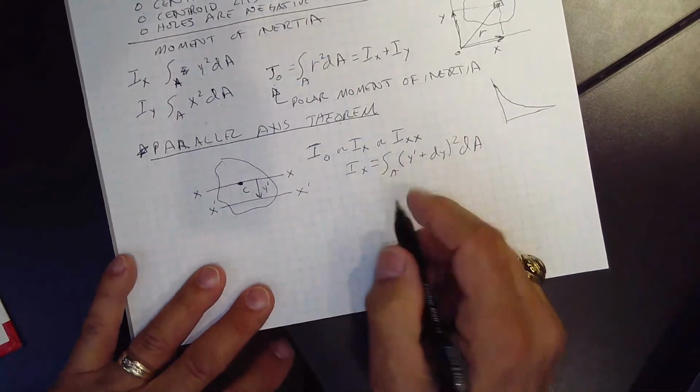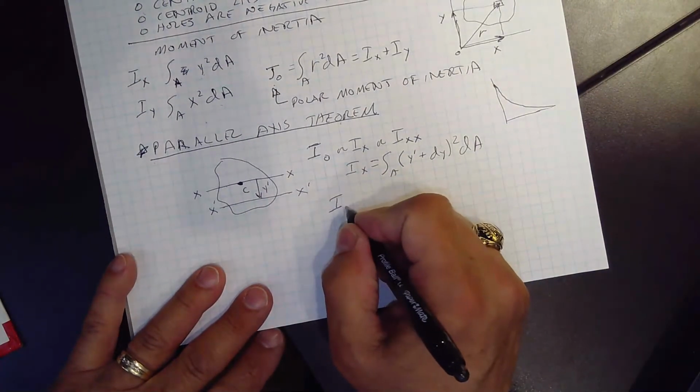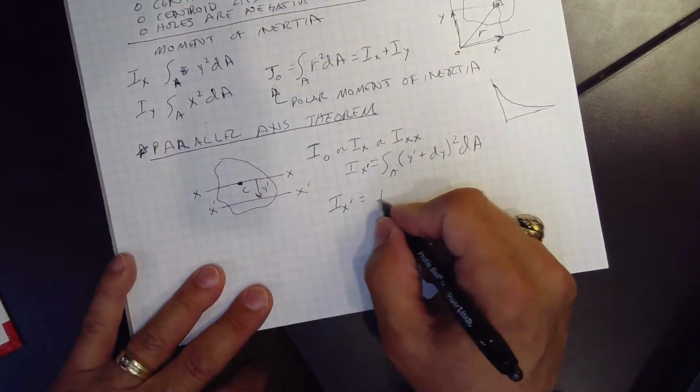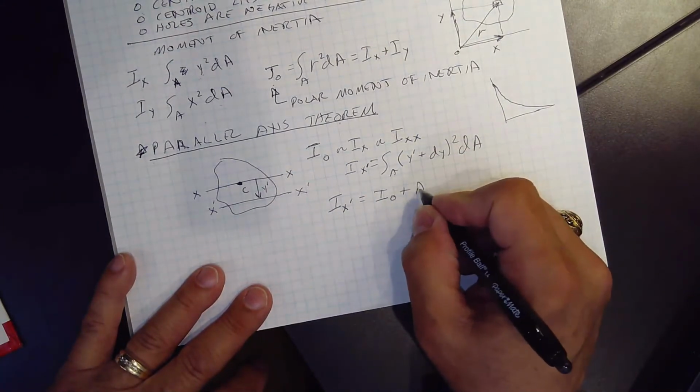What that means in a practical application is that Ix prime is going to be equal to I naught plus A D squared.